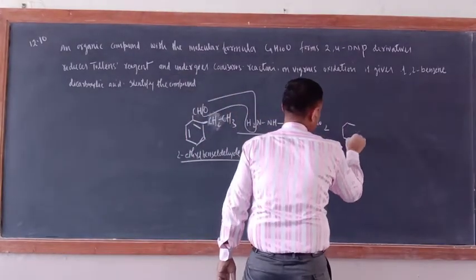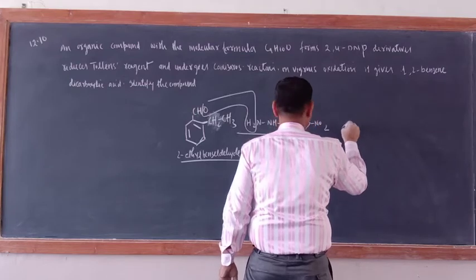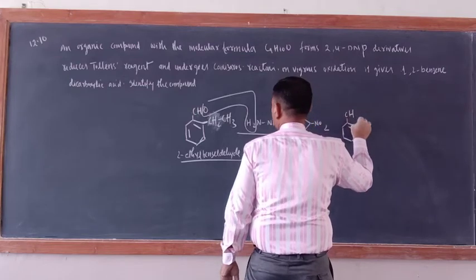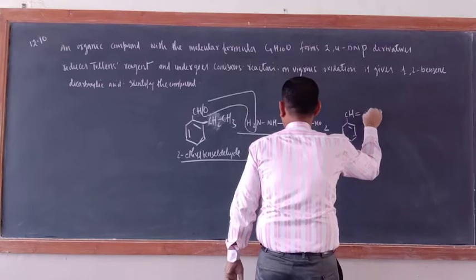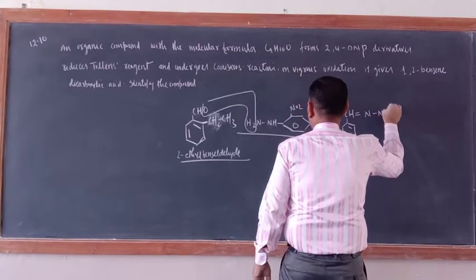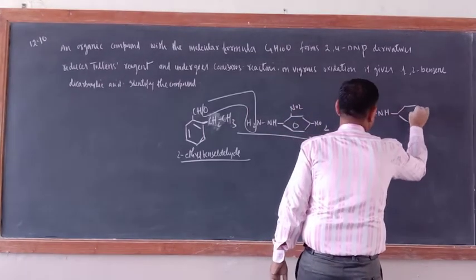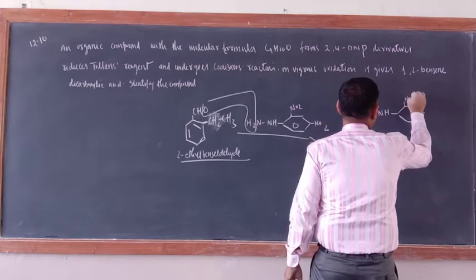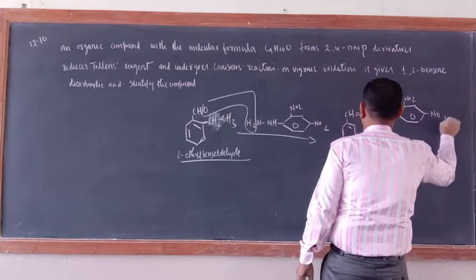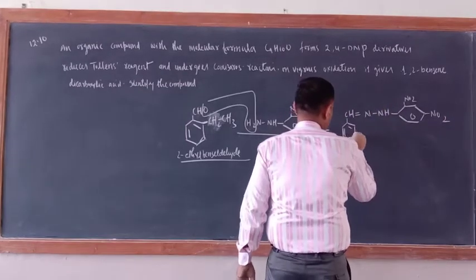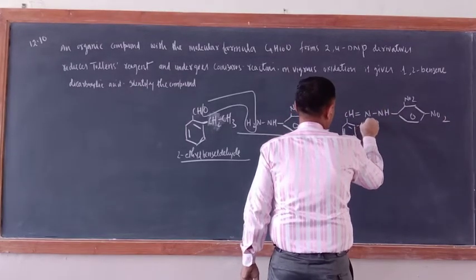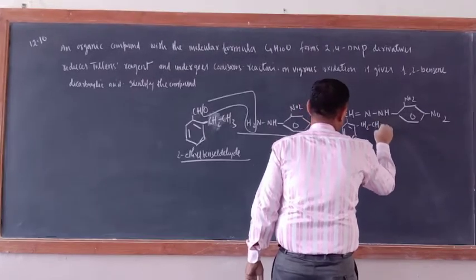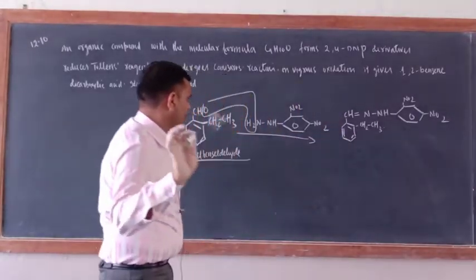Now see this product: CH double bond N, NH, and the ring with NO2 here and NO2 here, and as such CH2CH3. Correct? Yes, you will get this one.